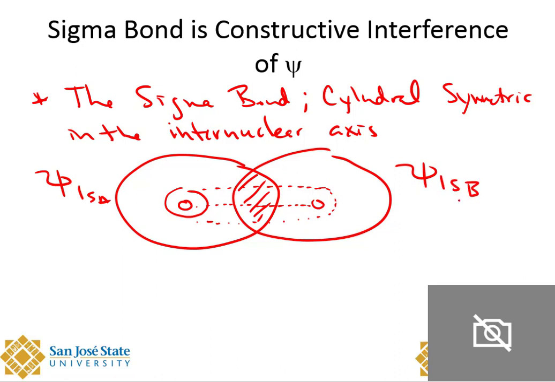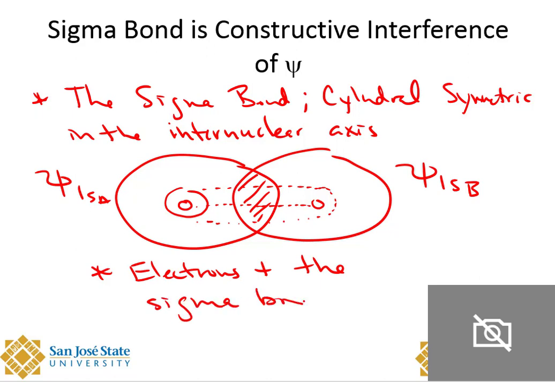We are going to understand in a moment that we can describe this interchange of electrons and the sigma bonds by exponential functions. And I'll leave it with that in 1 second.